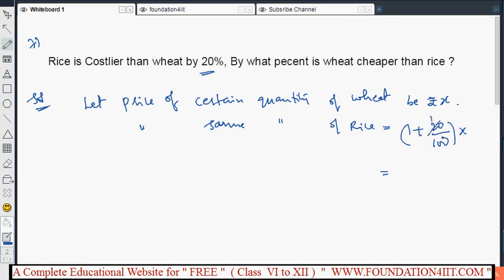Similarly, 6x by 5. So x is the cost of the wheat and 6x by 5 is the cost of the rice of the same quantity.